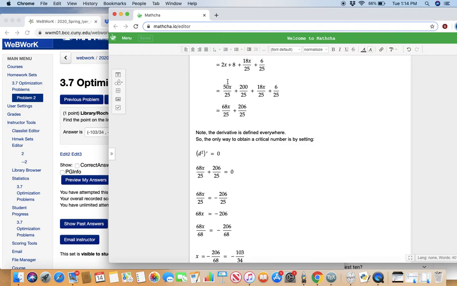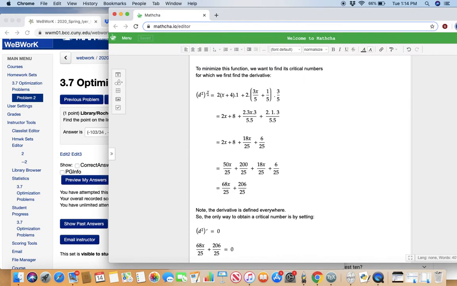Look, that's an x term and so is this. So combine like terms. 50 over 25x, 18 over 25x, combining them, you get 68 over 25x plus this and this together gives me 206 over 25.